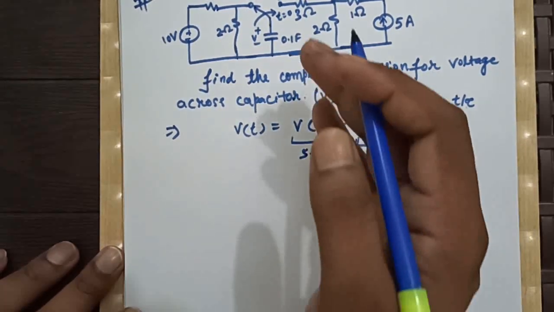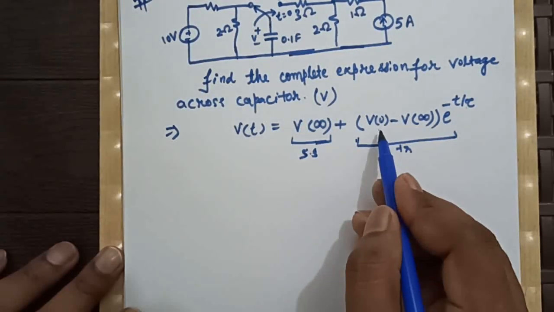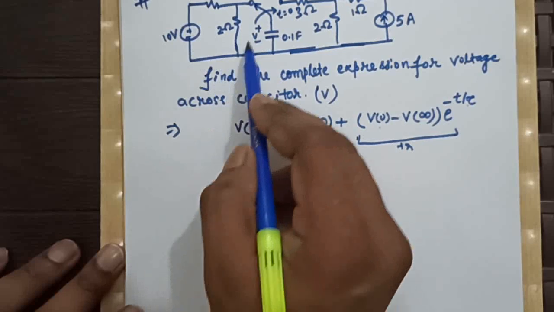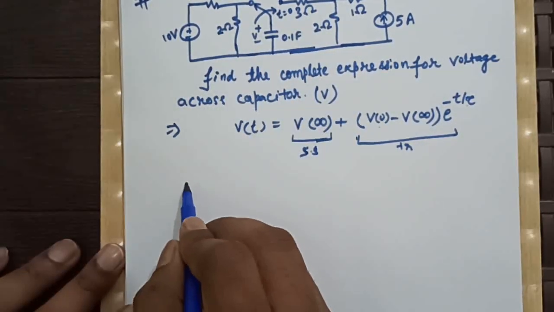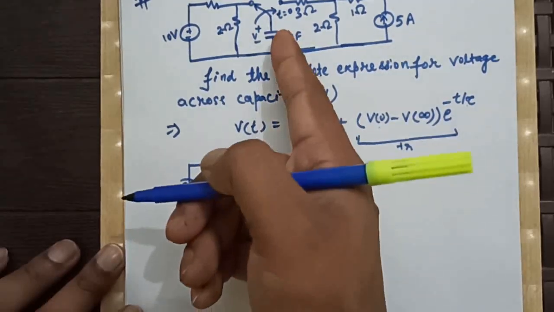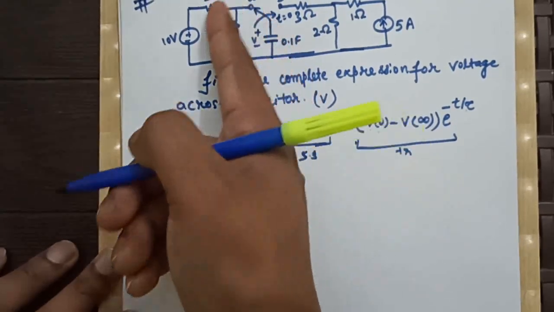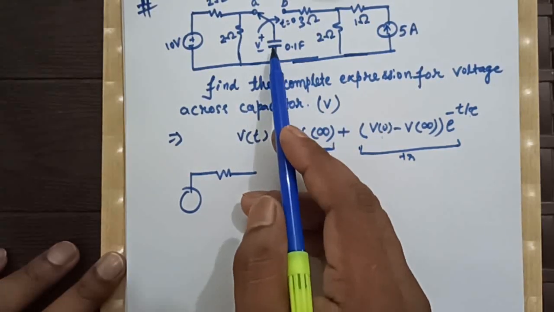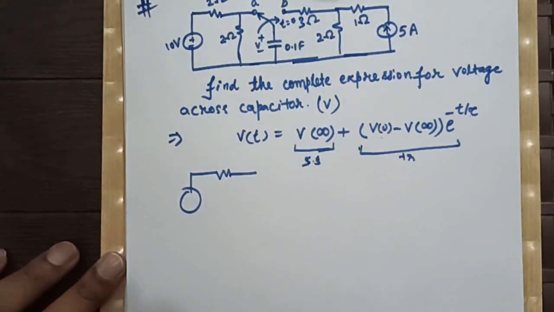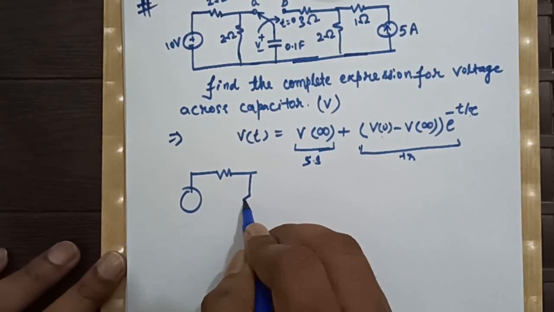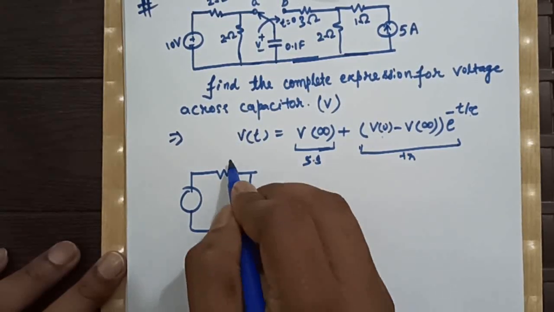First of all, at time t equal to 0 minus, for calculation of V0, this capacitor was connected in this part of circuit, and also the capacitor was in a steady state with this part of circuit for time t less than equal to 0. So the capacitor was acting like open circuit before the switch operation. So the circuit will look like this.